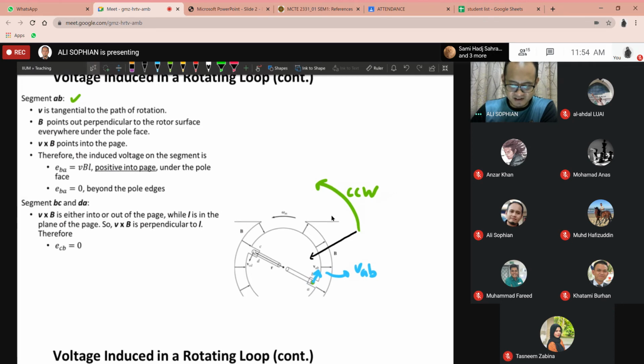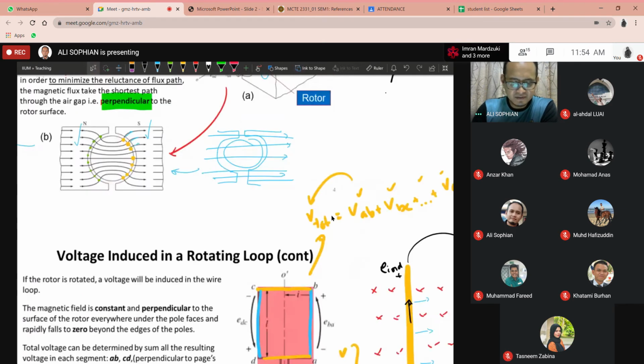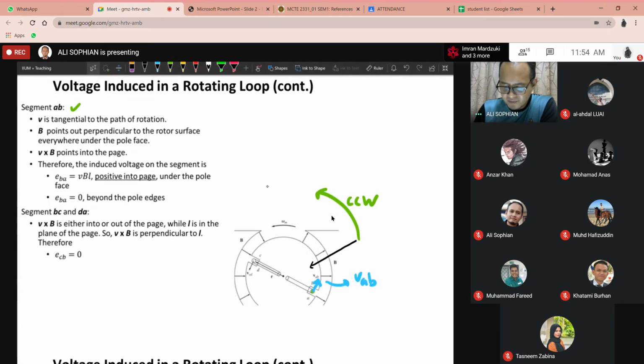We need to refer to this: the magnetic flux is leaving the core perpendicularly to the surface. That is the answer to that question. So this is the direction of the magnetic flux, which is perpendicular to the surface of the rotor.